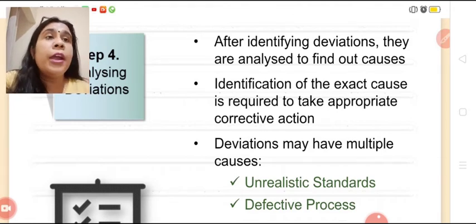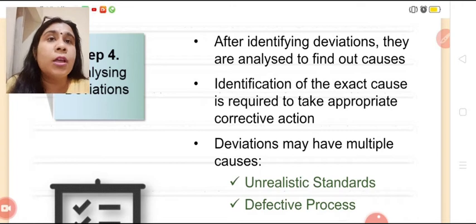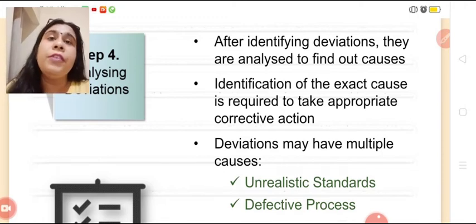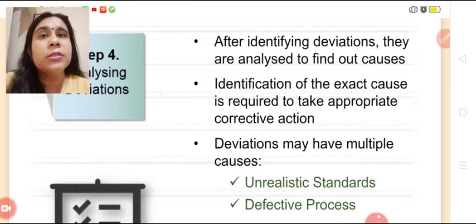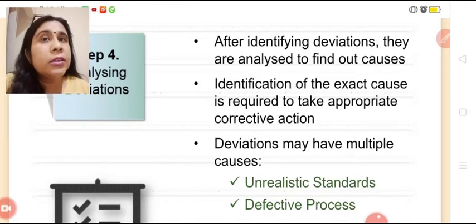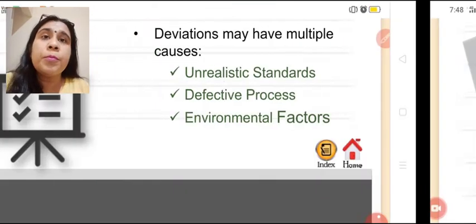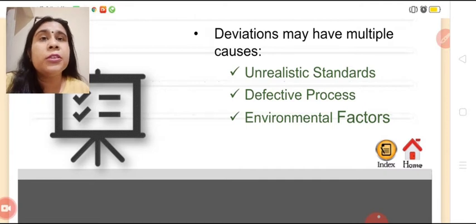Now, after identifying the deviations, they are analyzed and the root causes are found out. Identification of the exact cause is very important and is required to take corrective action. Deviations may be due to many reasons. Maybe our standards are unrealistic. Maybe the process which we are following is defective. Maybe there are environmental factors.